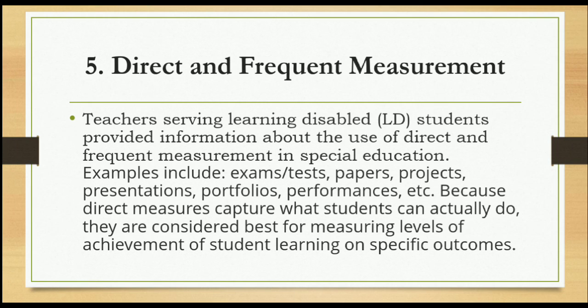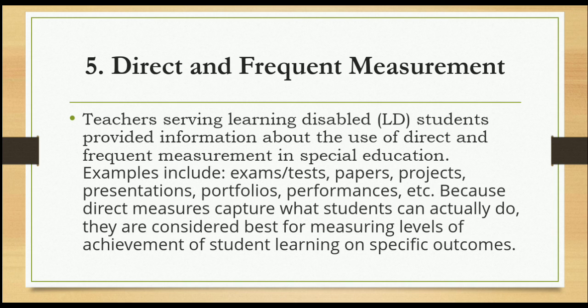Next is direct and frequent measurement. Teachers serving learning disabled students provided information about the use of direct and frequent measurement in special education. Examples included exams or tests, papers, projects, presentations, portfolios, performances, and so on.